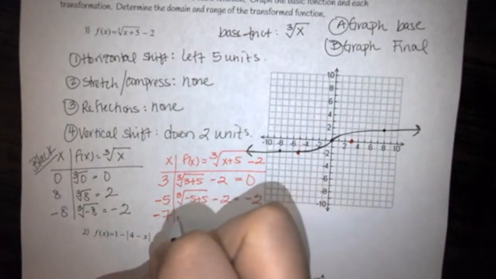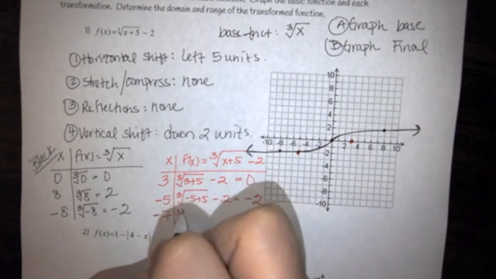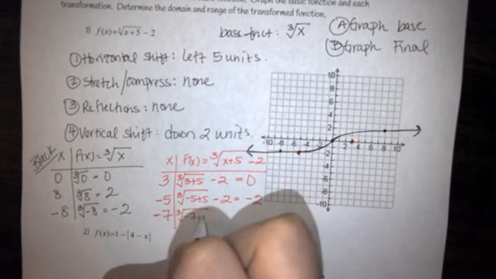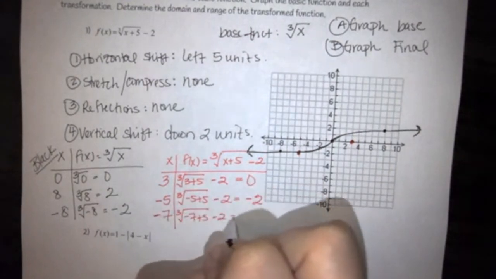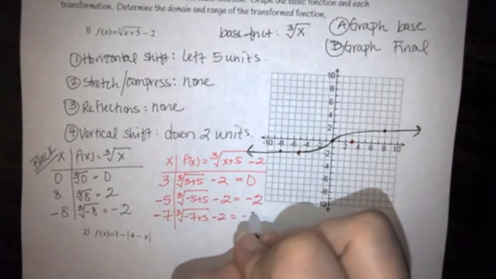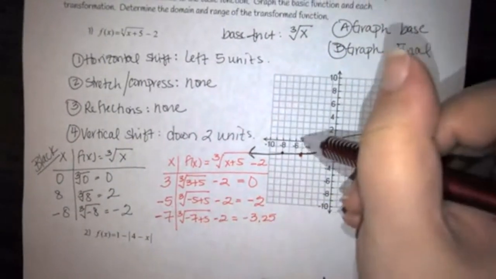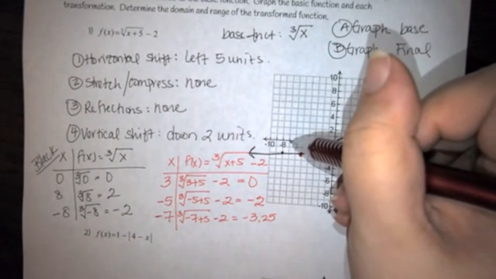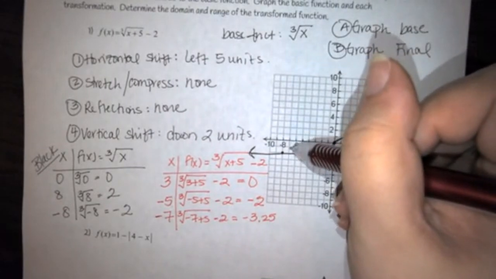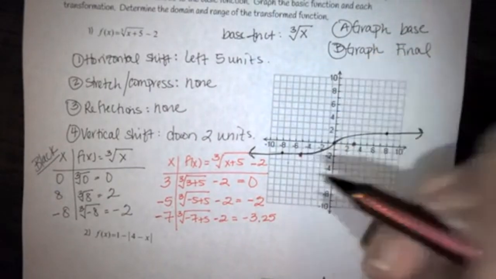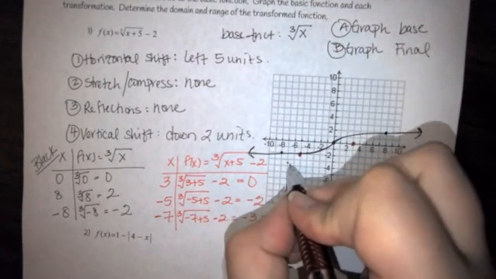So I've got the cube root of negative 7 plus 5, minus 2. It's going to give me roughly negative 3.25. So at negative 7, I'm at about negative 3.25. Notice I've started coming down.